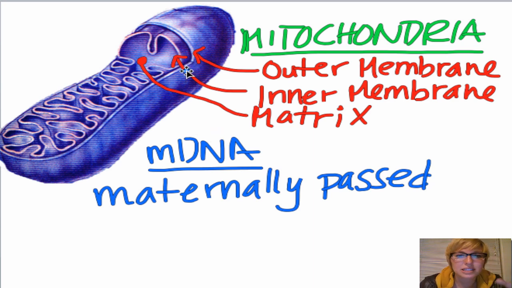So we can actually trace this mitochondria because it doesn't change, because it's not expressed traits, right? We can trace this mitochondria pretty accurately through maternal lineage. And you guys remember mitochondrial Eve?